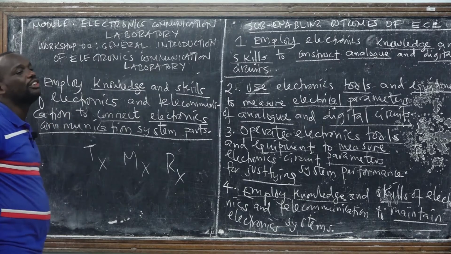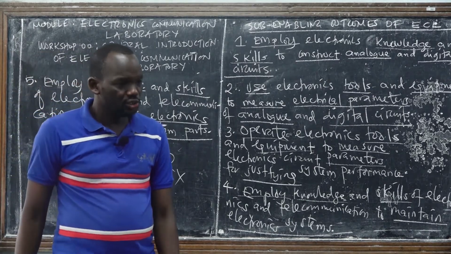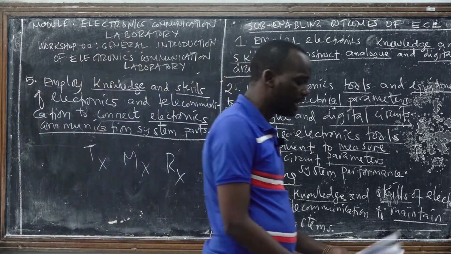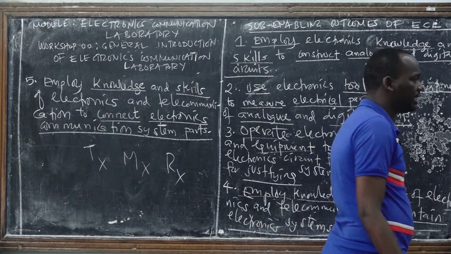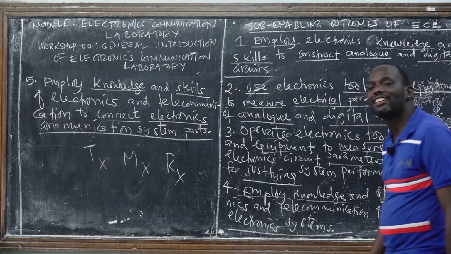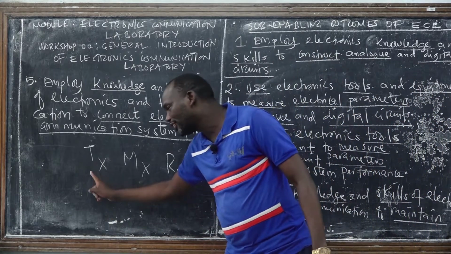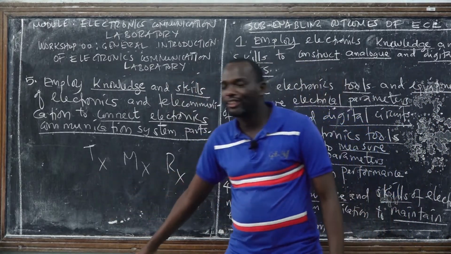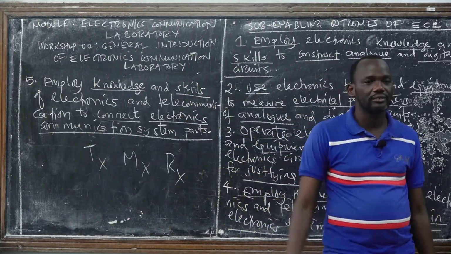So at the end of this module, you as a student have to be able to use the knowledge and skills that you have been taught in electronics and telecommunication to make sure at least that you can connect a transmitter to the media, and you can connect the media with the receiver.